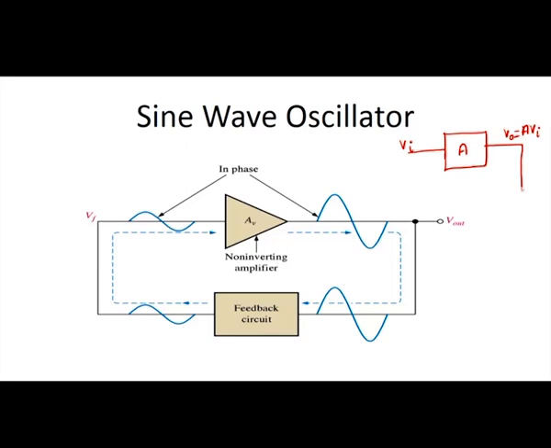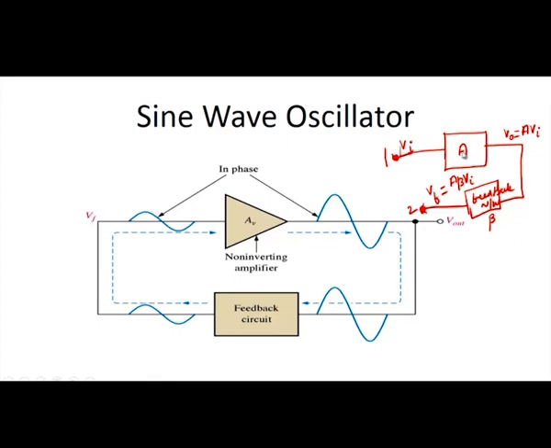If I give this A Vi to a feedback network, whose gain is represented as beta, the output of this feedback network I am considering as feedback voltage Vf, which will be the gain of the feedback network multiplied with the output of the amplifier. So, it is A beta Vi. Take this as terminal 1, and this is terminal 2.